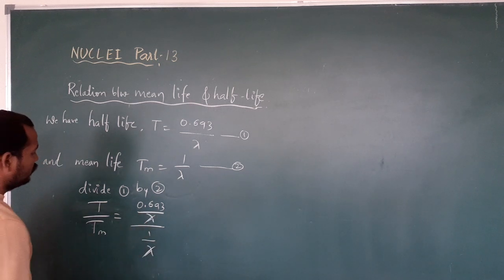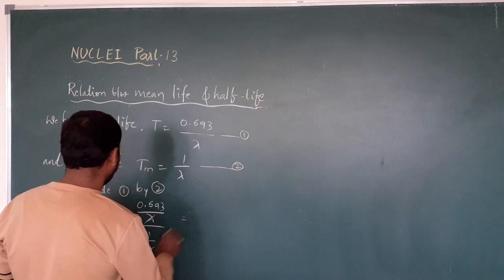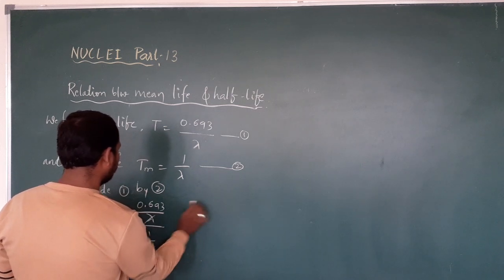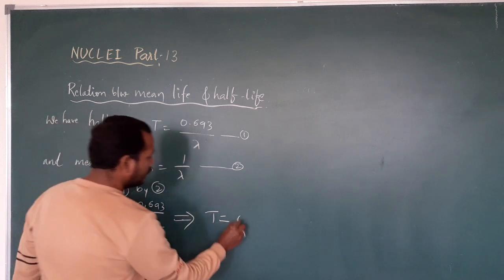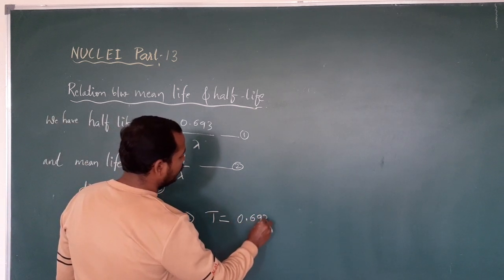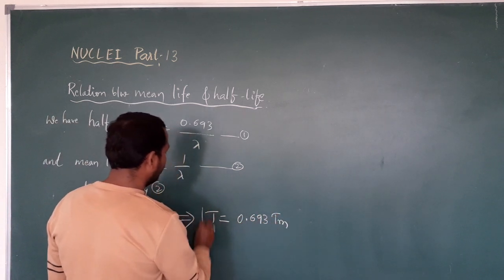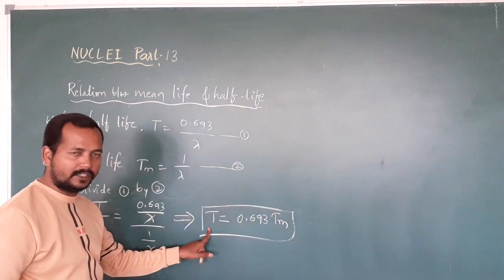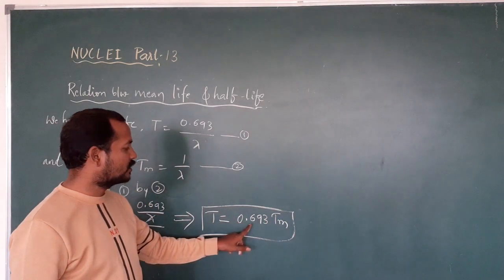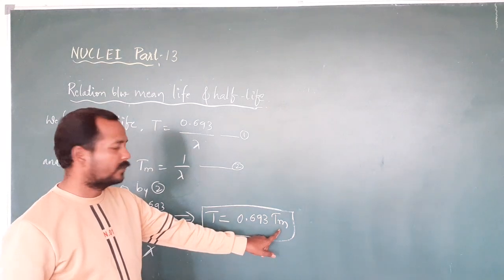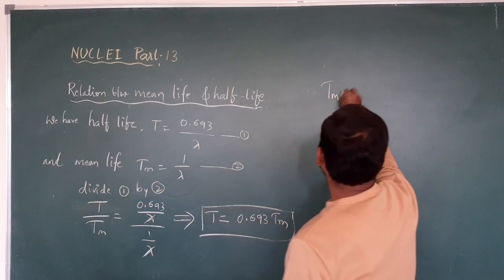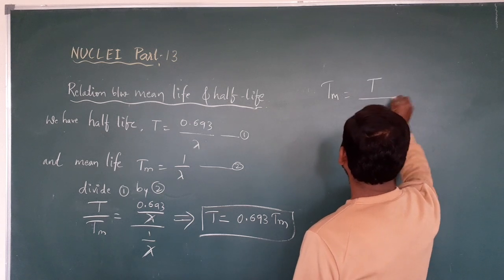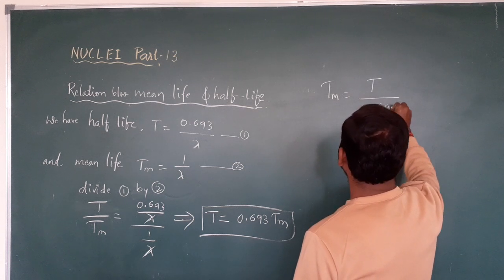So here this can be written as t is equal to 0.693 times tm. Nothing but half life is equal to 0.693 times mean life, or mean life is equal to half life divided by 0.693.